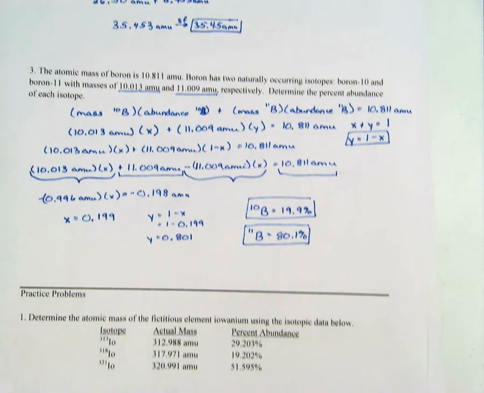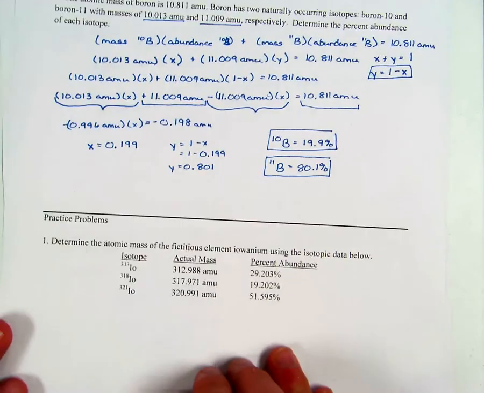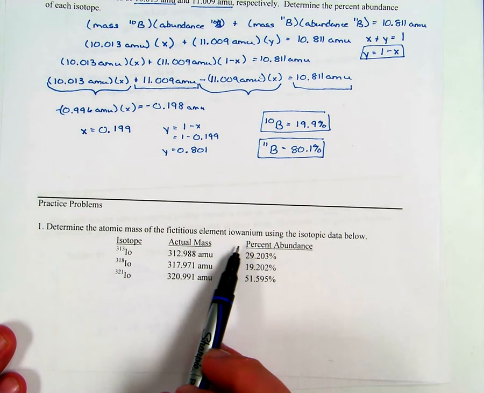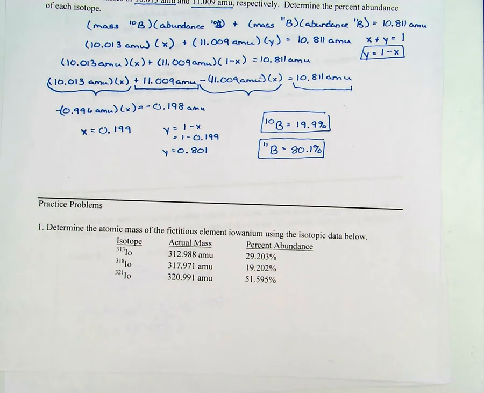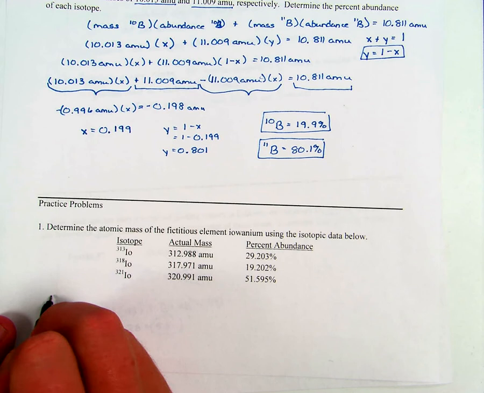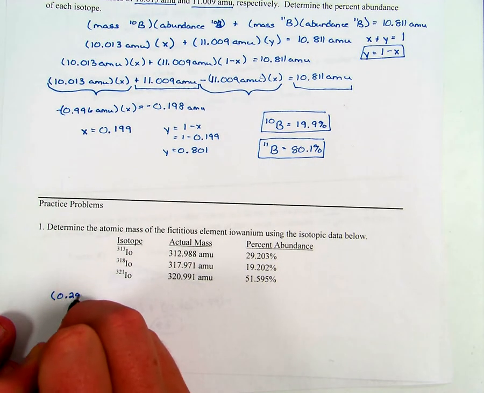All right, we're asked to determine the atomic mass of the fictitious element iowanium using the isotopic data below. So here we have 3 isotopes. If I have 3 isotopes, it's no different than doing it with 2 isotopes. I still need to multiply the abundance of each isotope, in decimal form, by its mass. So it would be 0.29203 for this first one, times its mass, in this case 312.988 AMUs.